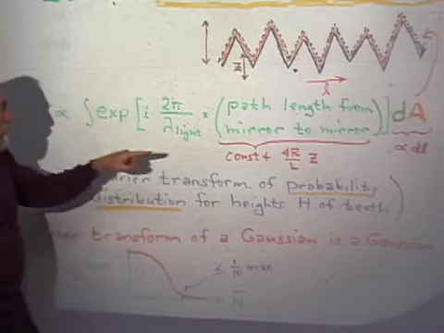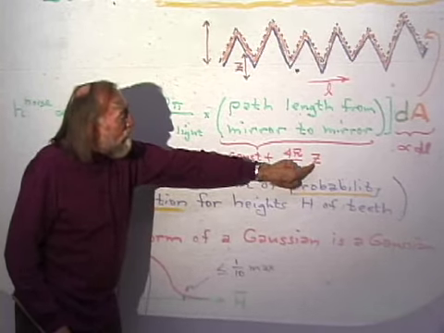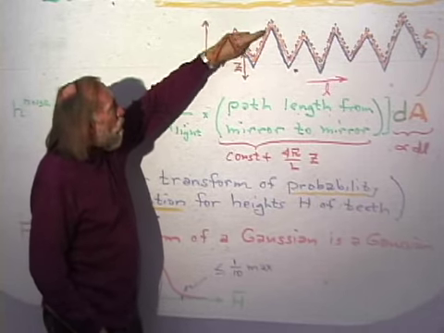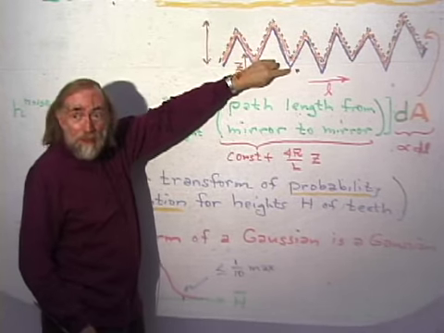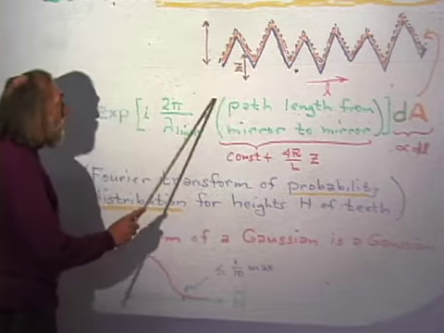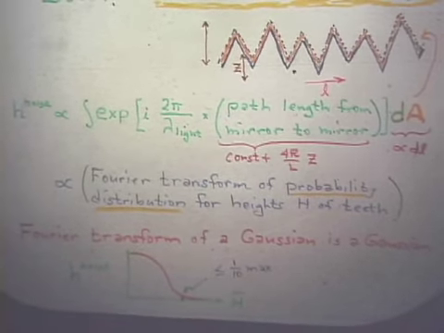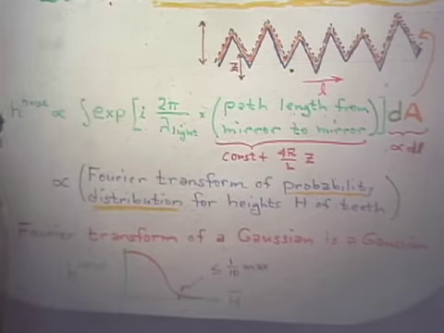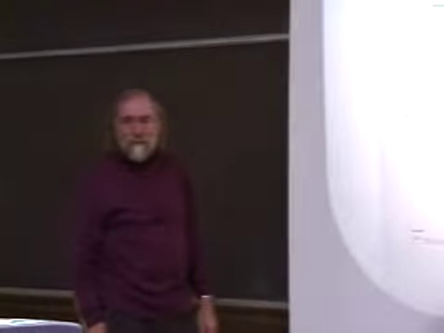And that path length from mirror to mirror has the relevant piece that is z, the height of the baffle. That is, the path length is shorter to that point at height z on the baffle than to this point. And so you wind up with this integral being basically a Fourier transform of the height distribution of the baffle teeth.